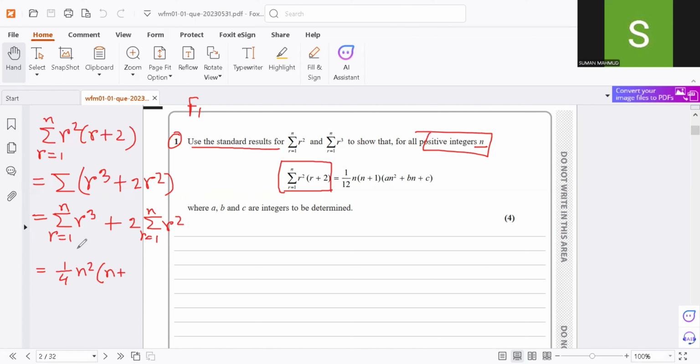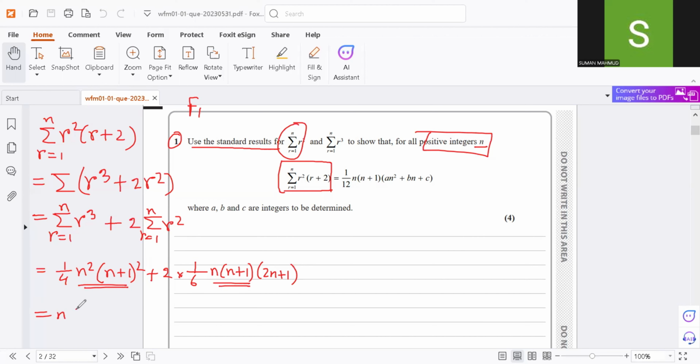into n plus 1 whole squared, plus 2 into, and we also know the sum of r squared equals 1 by 6 n into n plus 1 and 2n plus 1. So this is two terms. Now we can take n into n plus 1 common, because here also n into n plus 1.